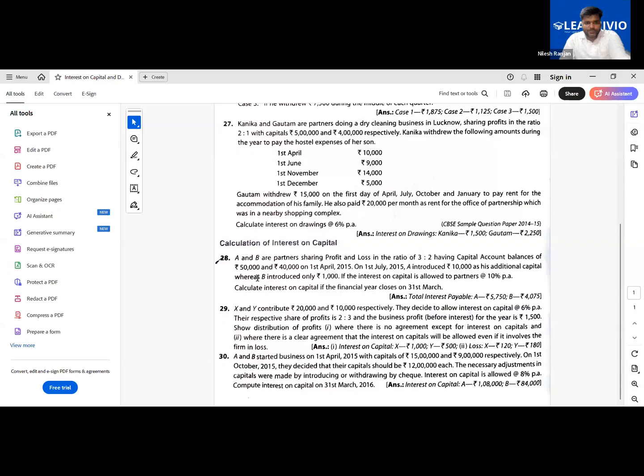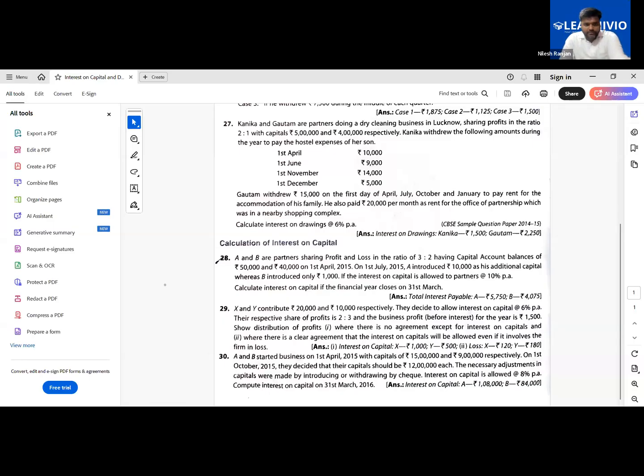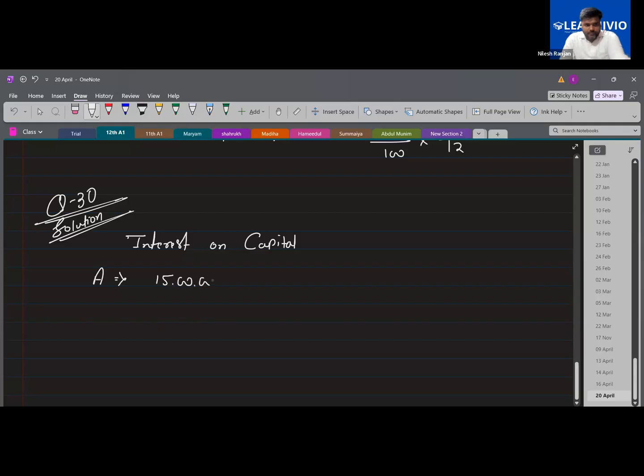Okay. So A and B. Now we have to calculate interest on capital. There is one change only. So you can say there are two amounts of capital. For A, it was 15 lakh in the beginning. And after that, there is 12 lakh.